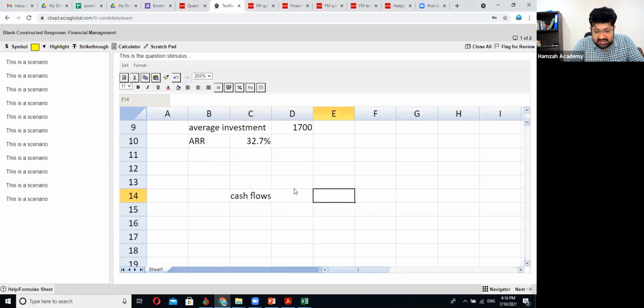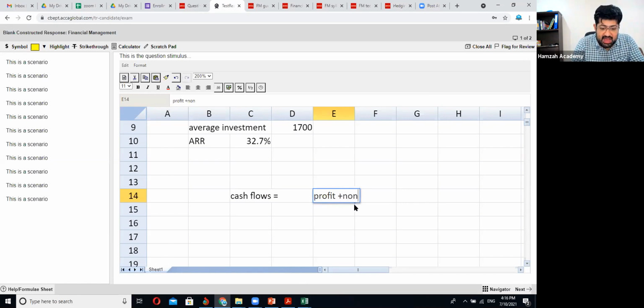Now, what is the linkage of cash flow with profit? We need profit. Remember, cash flows are cash inflow and outflow, while profits include non-cash expenses as well.